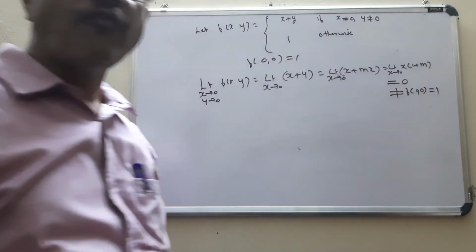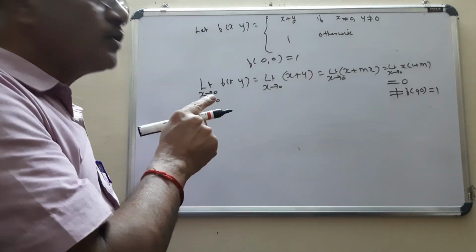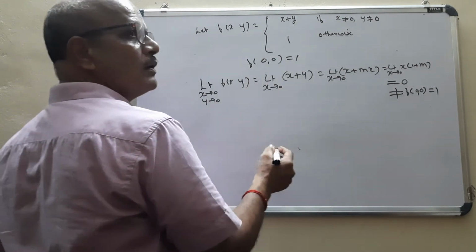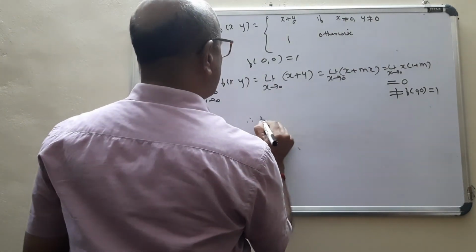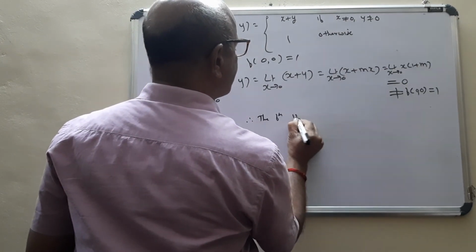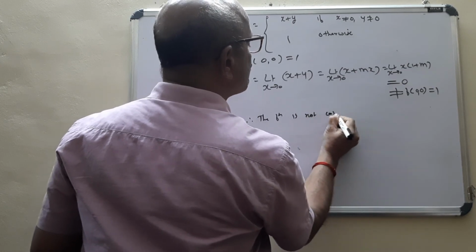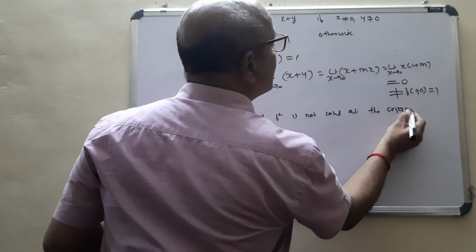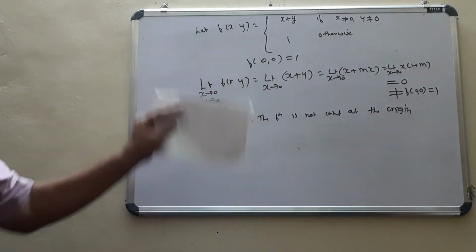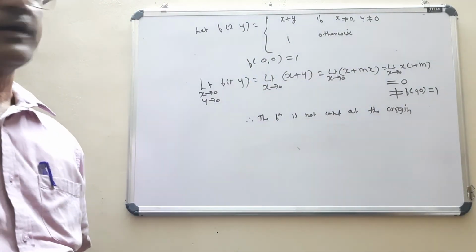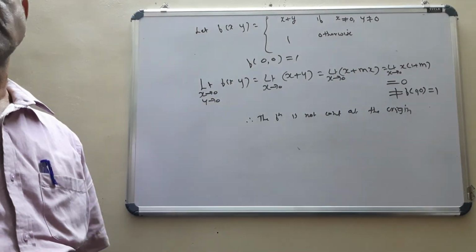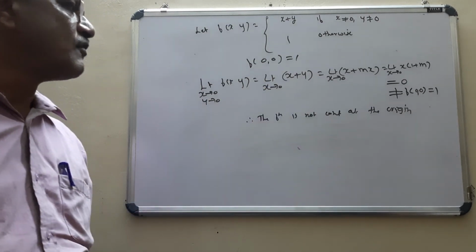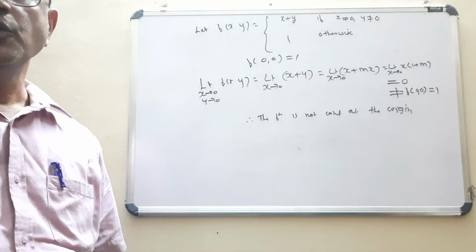The value of the function is not equal to the limit as x goes to 0, y goes to 0. Therefore, we say that the function is not continuous at the origin. The problem is to check the continuity at the origin, I think I have not mentioned that. So we say that here the function is not continuous at the origin.